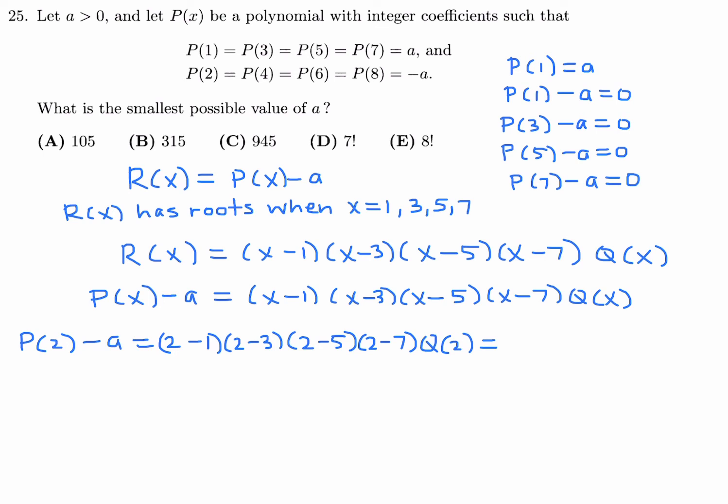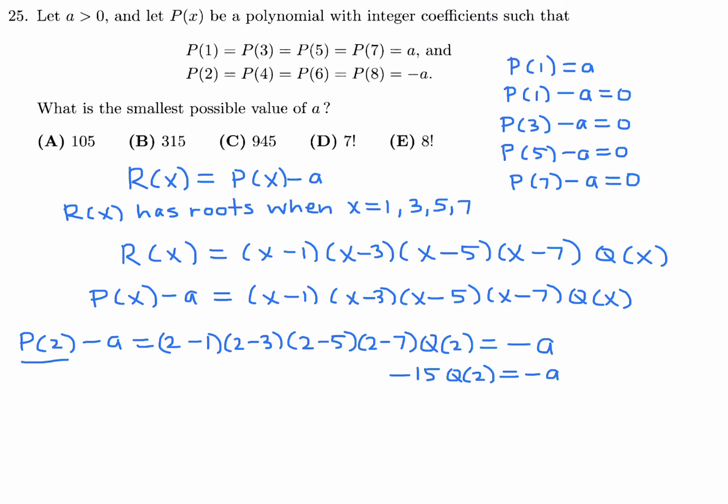So we have minus a. But I'd like to actually get a numerical value, so I will. When you do all this, you get minus 15 q at 2 is equal to minus a.